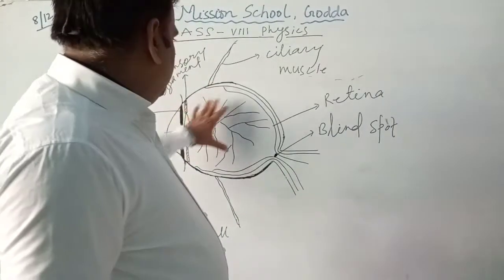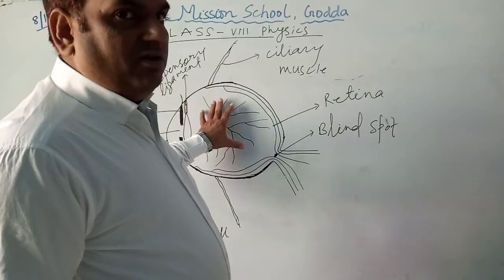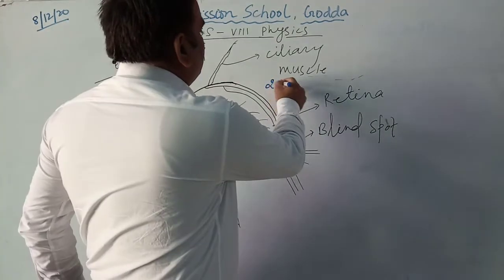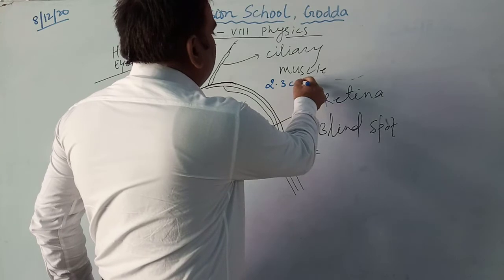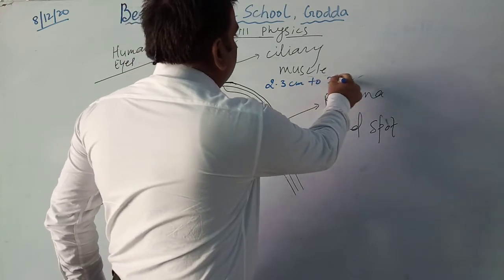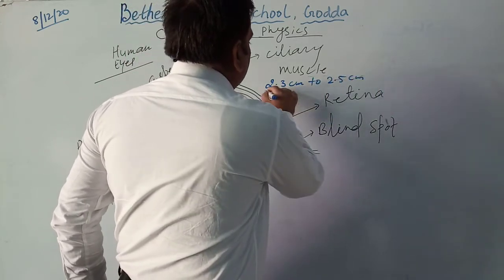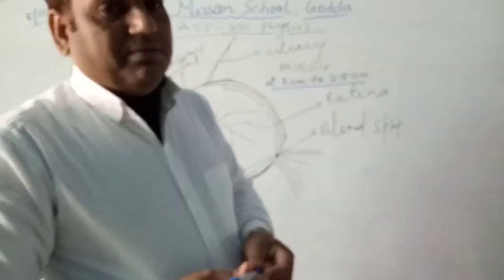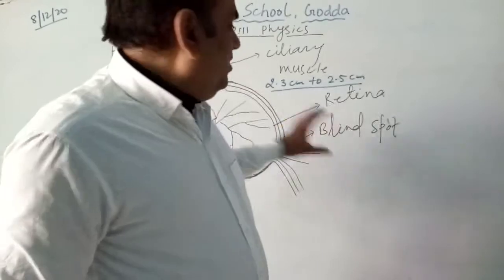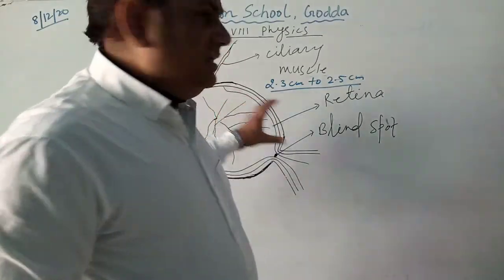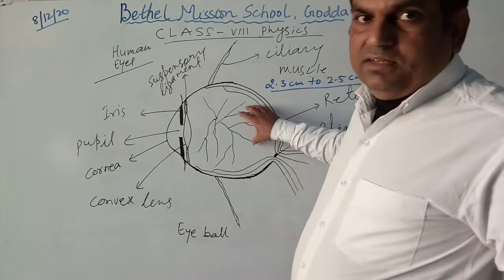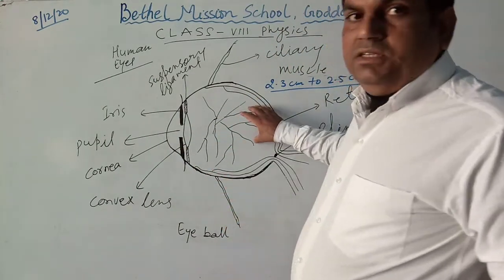The diameter of the eyeball is 2.3 centimeters to 2.5 centimeters.